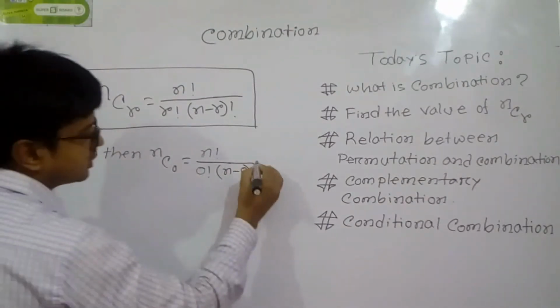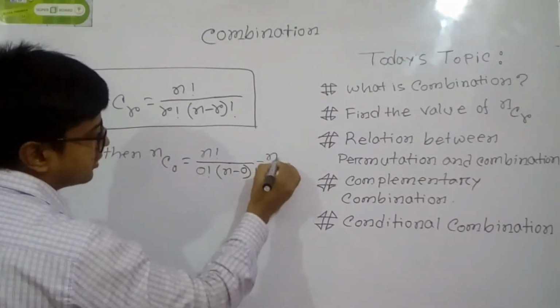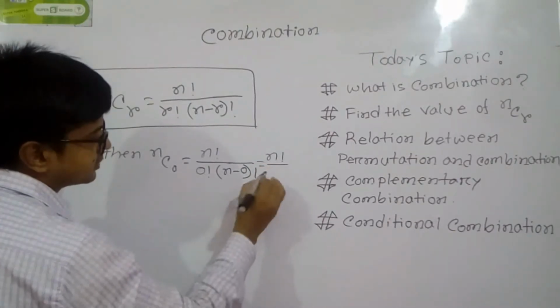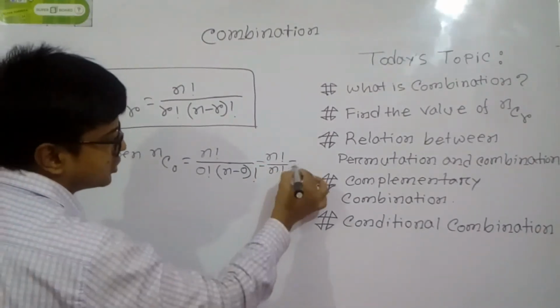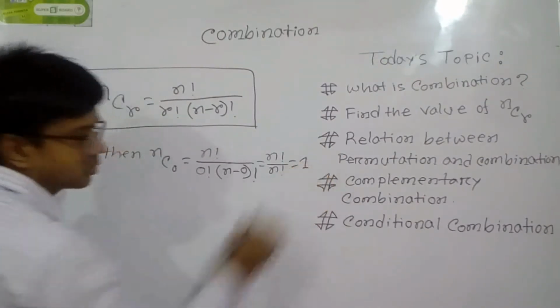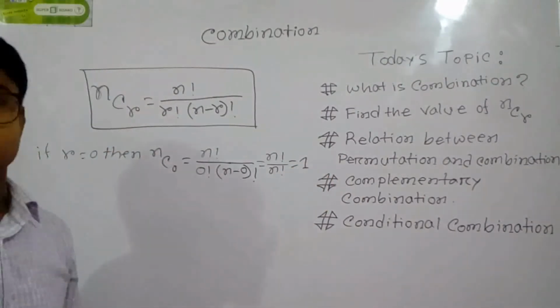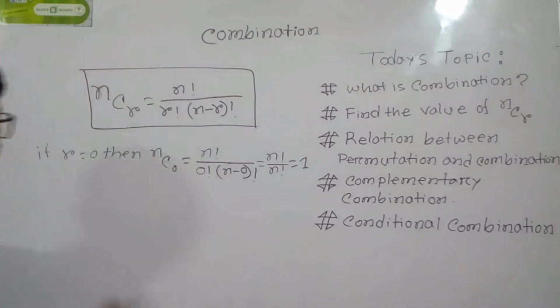So our answer will be factorial n by factorial n, which is 1.